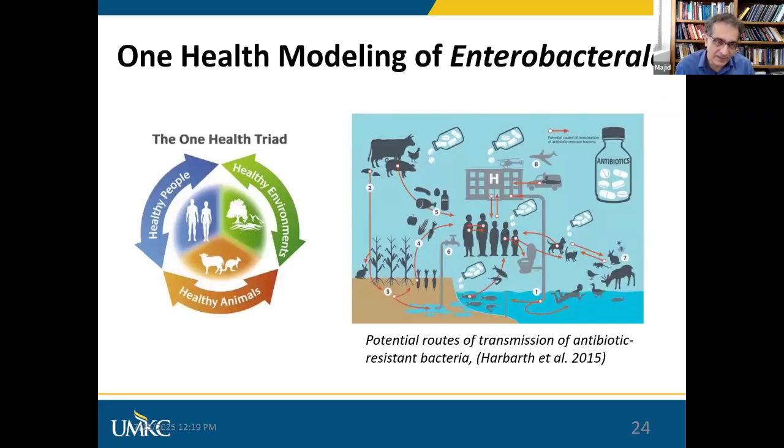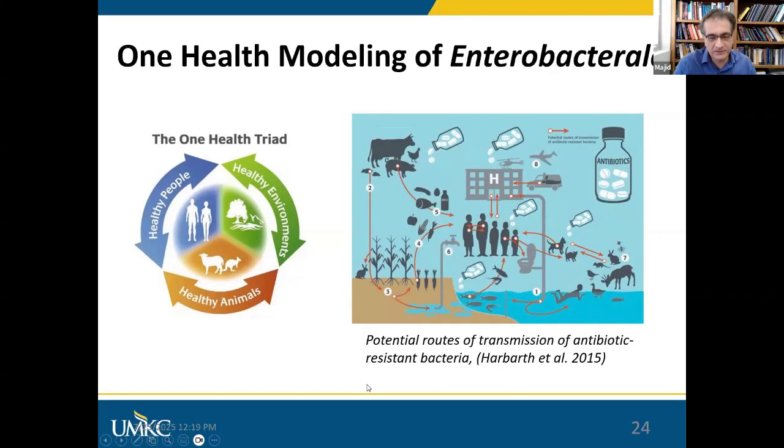Now that we have studied the data, we want to spend a little bit of time to learn about modeling, and in particular, One Health modeling of Enterobacterales, which includes people, environment, and animals. These are all connected to each other when it comes to Enterobacterales. There is also a complicated diagram showing how hospital, community, wildlife, and farm are all connected to each other.